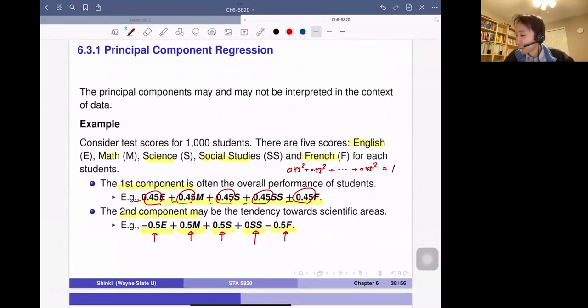Maybe another example: I worked for a bank, so I used principal components for interest rates. Interest rate depends on time, so each variable is a time series. And there are actually multiple interest rates depending on the maturity: the 1 day rate, that is the policy rate, and the 1 month rate, 3 months rate, 6 months rate, 1 year rate, 2 year rate, maybe 5 year rate, and so on.